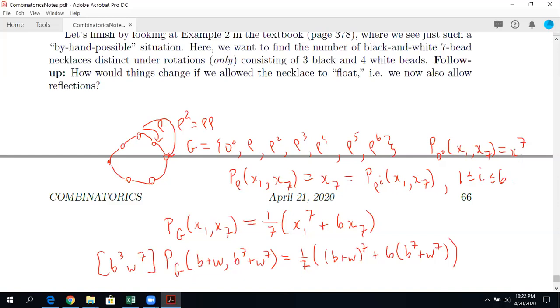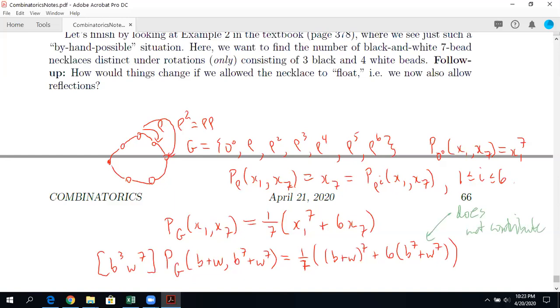What about the 6 times the quantity b to the 7th plus w to the 7th? Does that contribute at all? Well, no, that w to the 7th sitting right there doesn't have a b to the 3rd multiplied by it. So this part does not contribute.